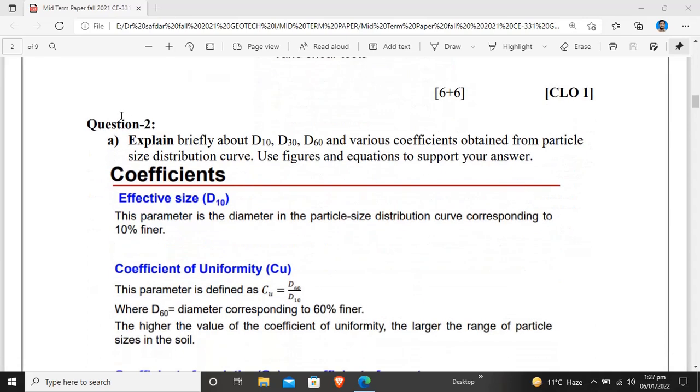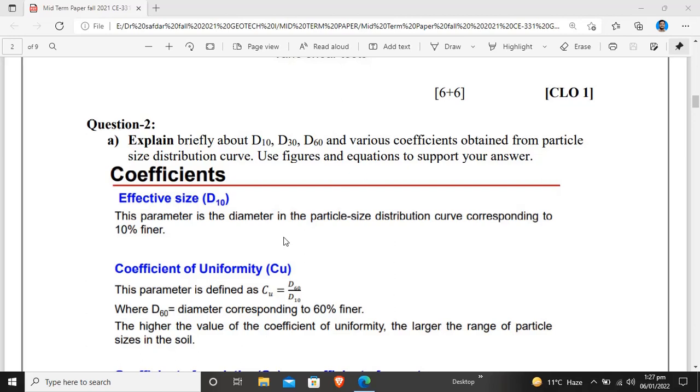Now in the second question, you are asked to explain briefly the D10 effective diameter, D30, D60 and the various coefficients obtained from the particle size distribution. Use figures and equations to support your answer. So you should define the effective size, that is D10, the particle size corresponding to 10% finer.